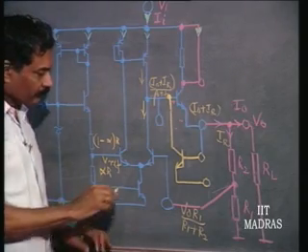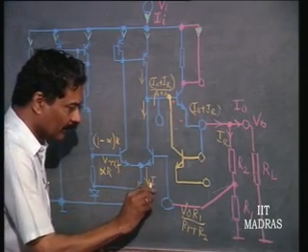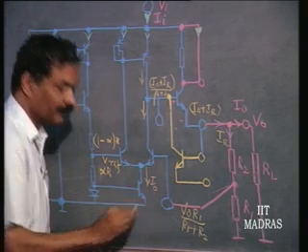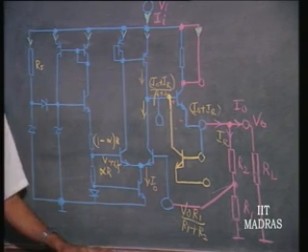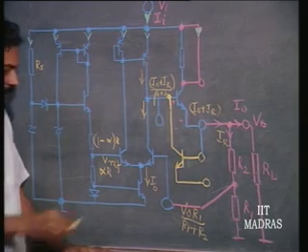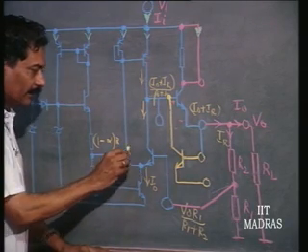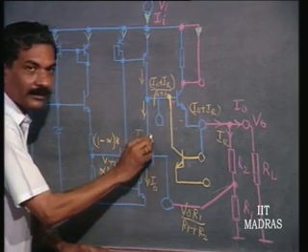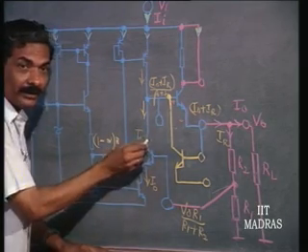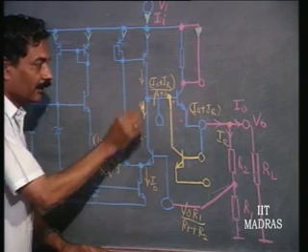Now, there is a constant current drawn from this I naught. How does this work? This current is going to be either decreasing or increasing.